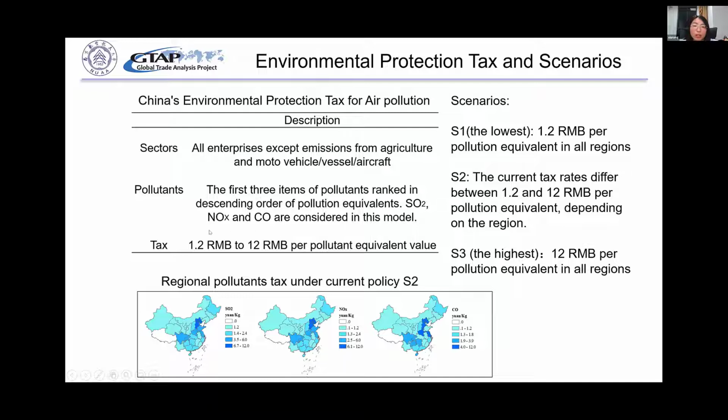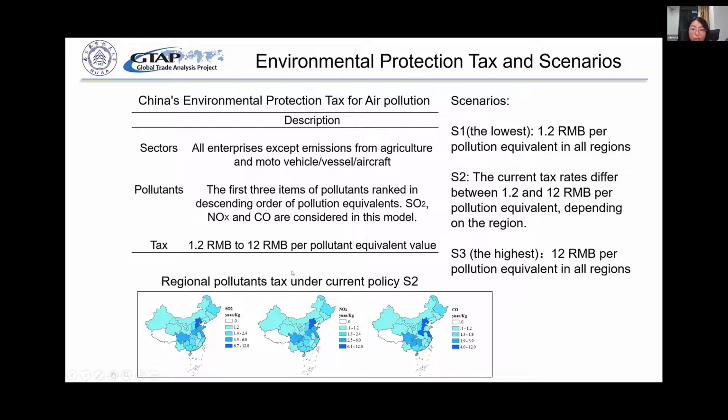And according to the law, the tax rate varies from 1.22 RMB to 12 RMB per pollution equivalent value, depending on the region. And in order to evaluate the effectiveness of the current policy, we set three scenarios.